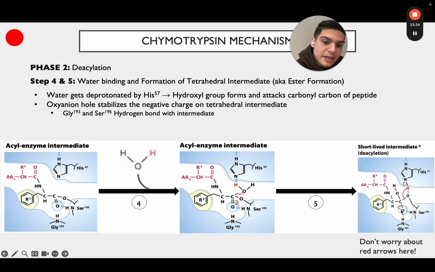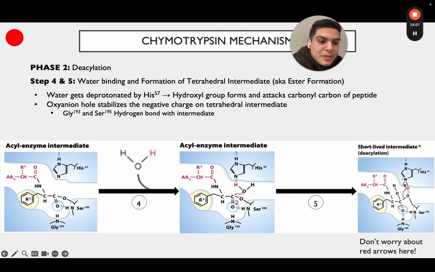What's going to end up happening is the water is bound now. It's that OH that's bound right here. Sorry, it's weirdly configured here, but this OH is from that free water that we introduced into the enzyme. That negative charge is going to kick back in, and instead of breaking the water bond, because if it does, then we just go back to the free water molecule, the bond between the peptide fragment and the amino acid residue of the chymotrypsin is going to break instead.